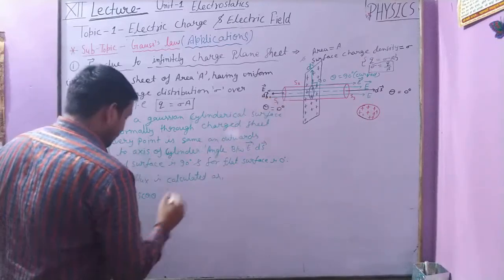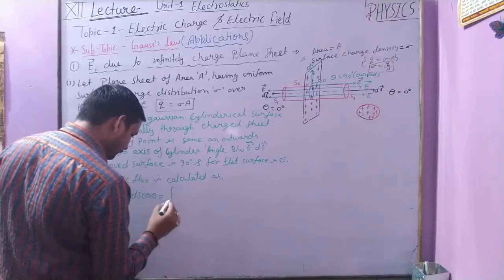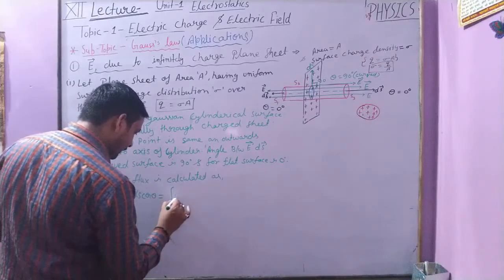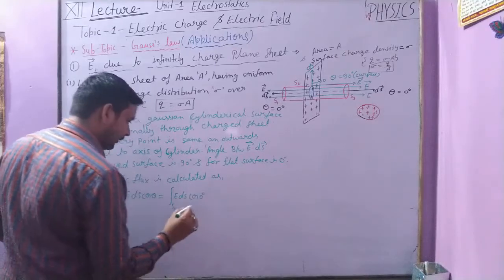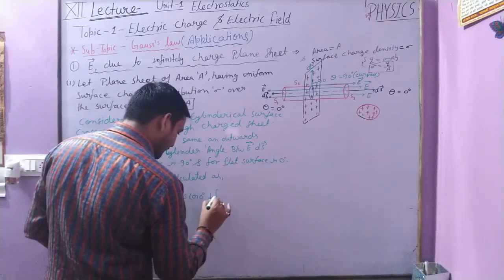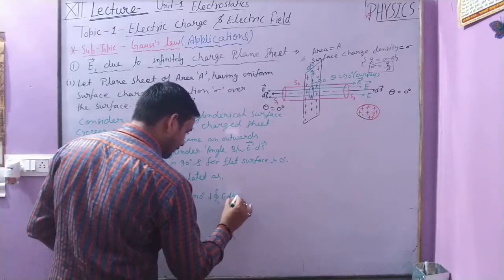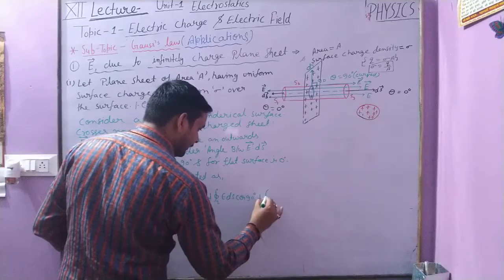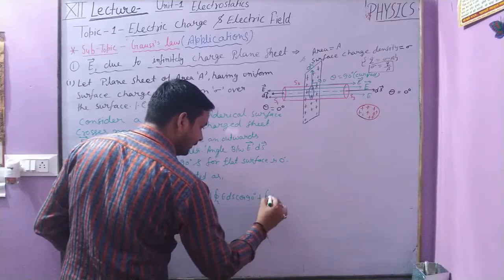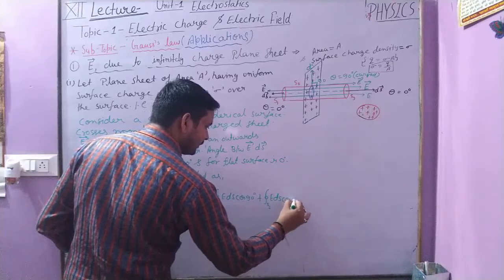Now because it is a cylindrical surface, we use here surface S1 E dS cos 0 degree plus surface S2 E dS cos 90 degree and for surface S3 E dS cos 0 degree.